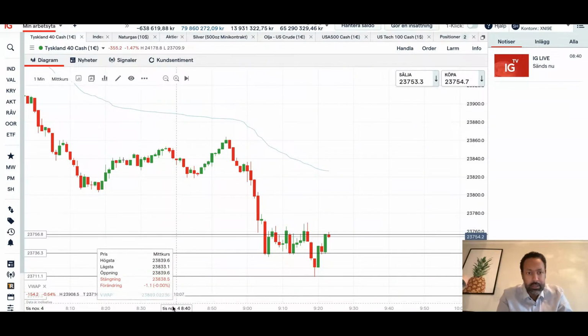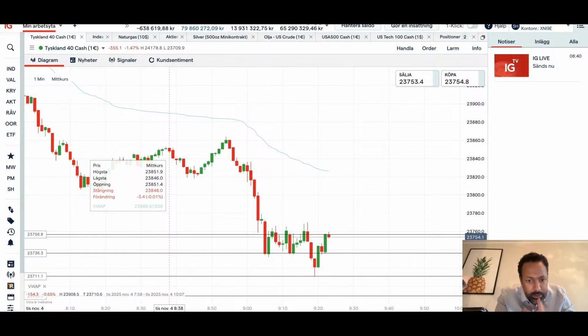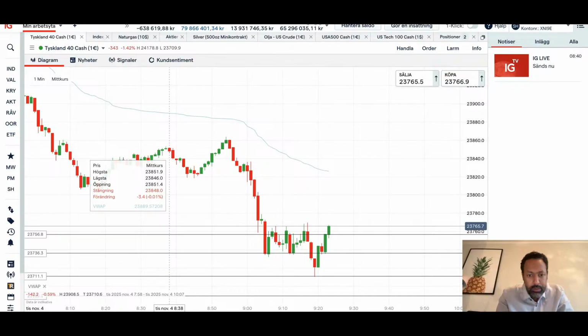So let's try the swing trade then as well. Let it push all the way up maybe. See if we have the swing trade, if price comes back here or it will continue.